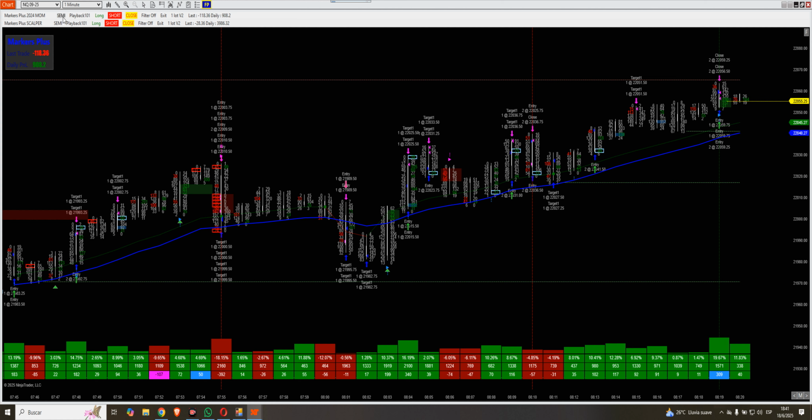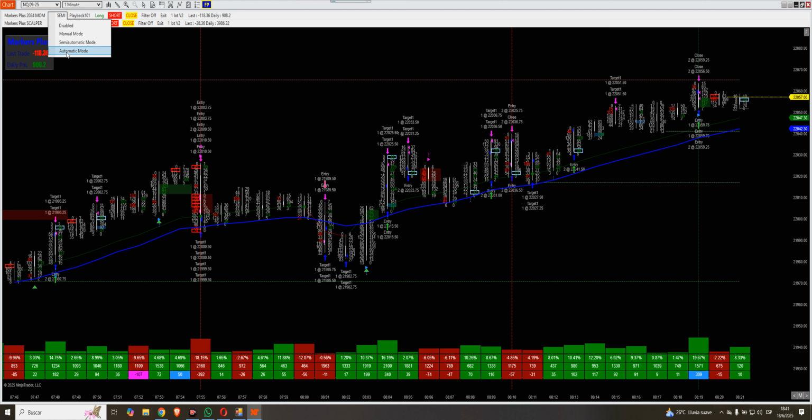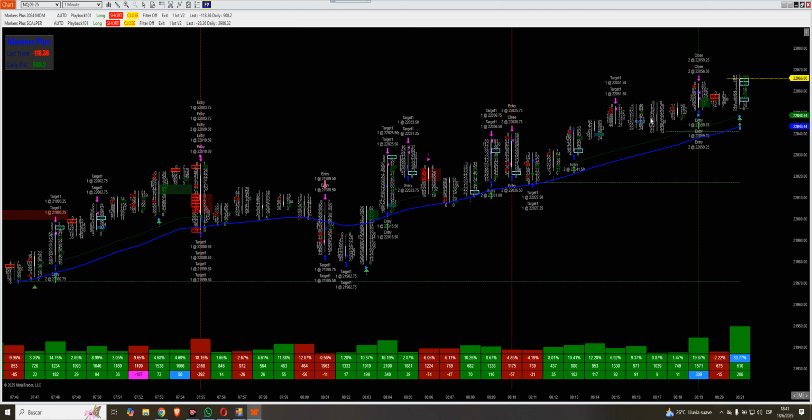There are no longs anymore because we are in semi-automatic mode. So if you don't want to trade too much, that's the way to do it. If you want to be always in the market, you put it on automatic mode. Automatic mode will trade until the strategy gets its profit.